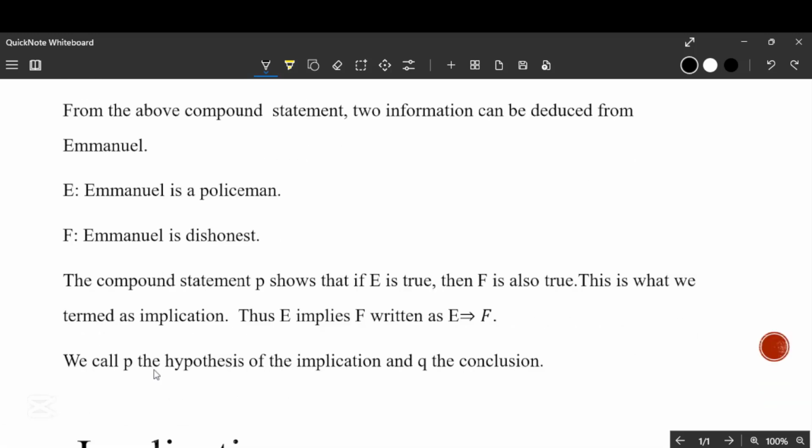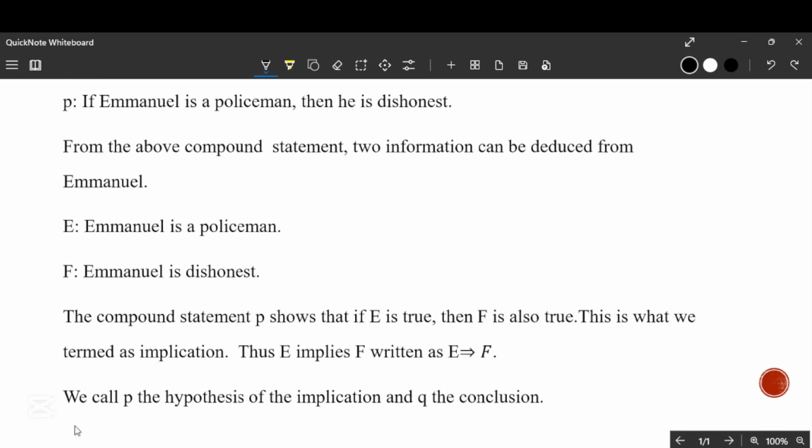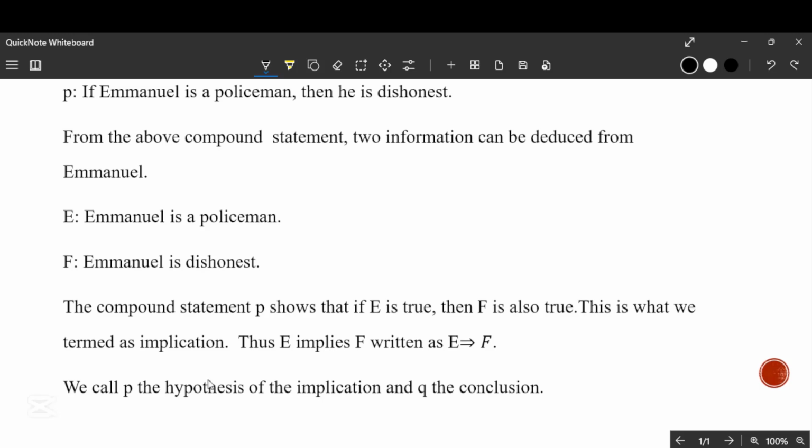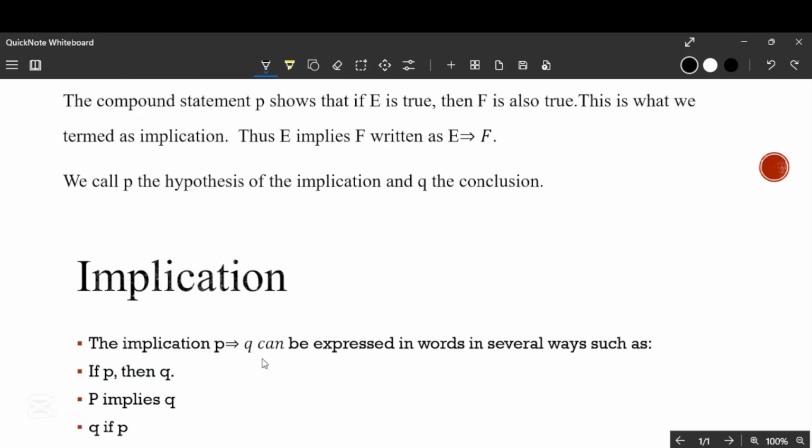So we call P the hypothesis of the implication and Q the conclusion. So if Emmanuel is a policeman becomes the hypothesis of the implication, and Q is the conclusion. The implication can be expressed in words in several ways, such as: if P, then Q. If Emmanuel is a policeman, then he is dishonest.